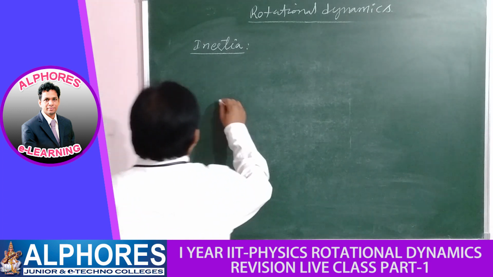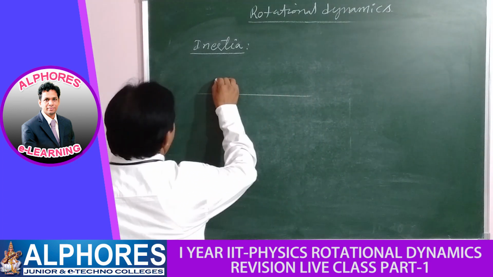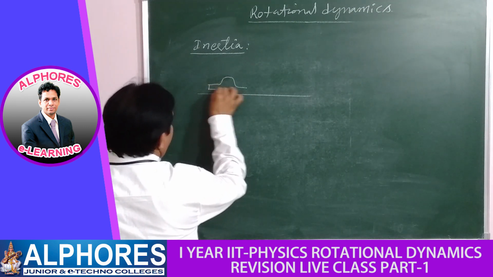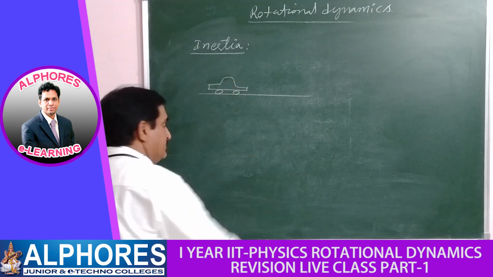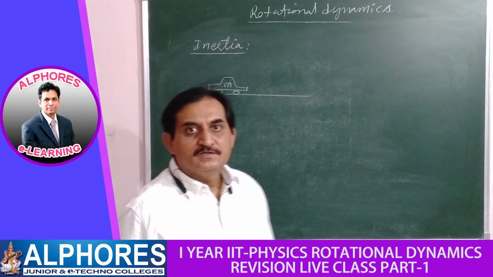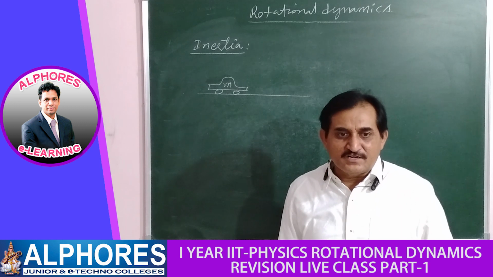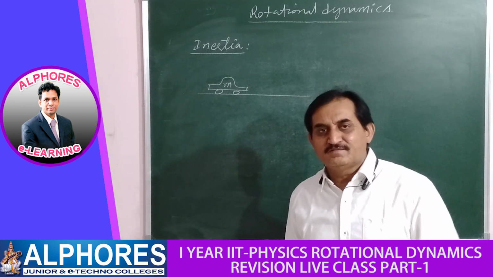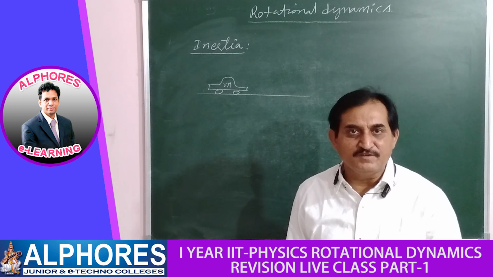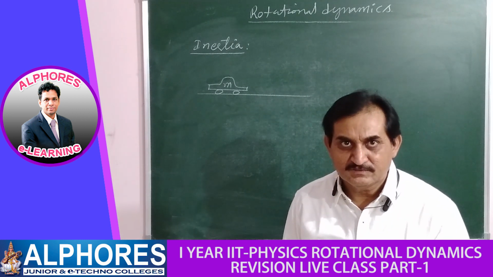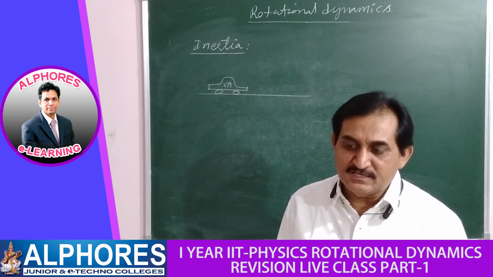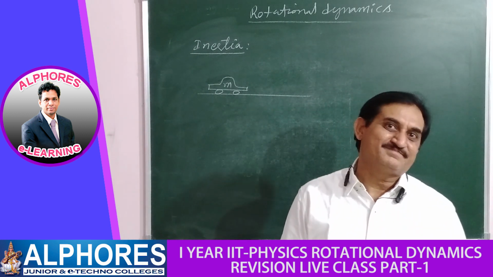See here, when a body is moving in translational motion, suppose a car is moving on the road, it has mass. Whenever the car suddenly starts moving, a person sitting inside falls back. When sudden brakes are applied, he gets a small movement forward.